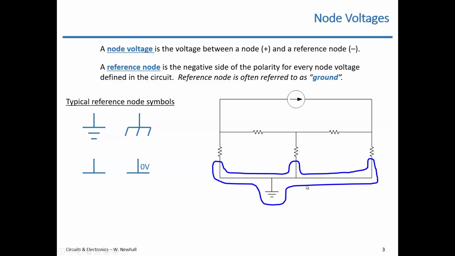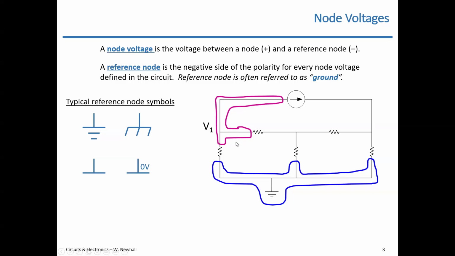Okay. All right. So let's define a node voltage. I'm going to put this V1, a node voltage, next to this upper left node here. So that V1 applies to this entire node, this pinkish purplish node here. Notice that V1 does not have a polarity. I have not explicitly put a plus and a minus to show where the positive side of V1 and the negative side of V1 are. You need two points in a circuit to define a voltage, and you need to have a polarity for a voltage.